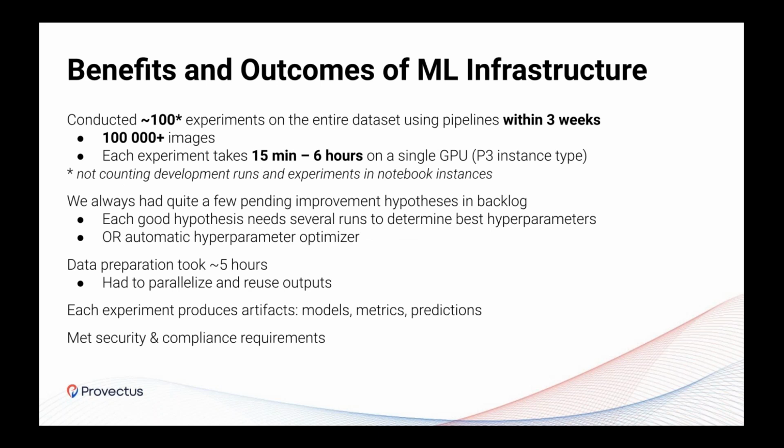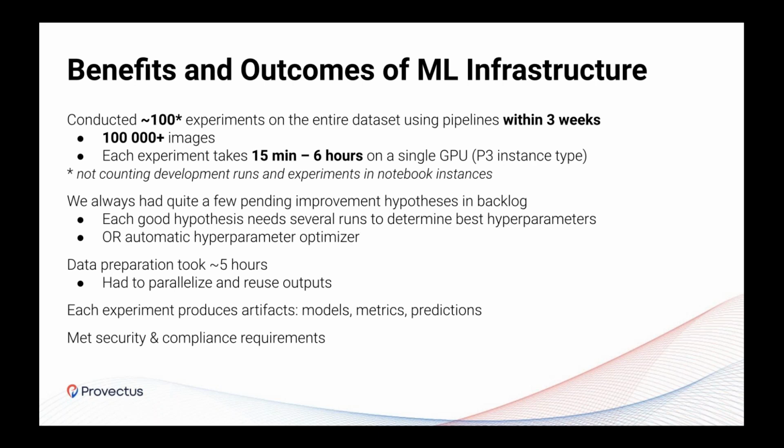As a result, we conducted more than 100 experiments on an entire dataset of 100,000 images. Each experiment usually has many trials and can take from 15 minutes to 6 hours on a single GPU. By experiment, we mean a tracked end-to-end experimentation on a cluster. We do not count development runs and experimentation in notebook instances.